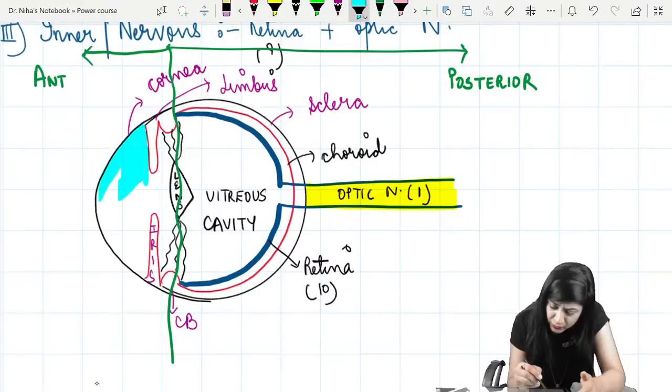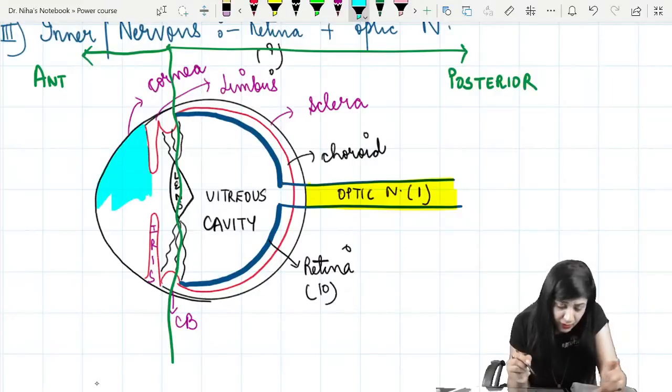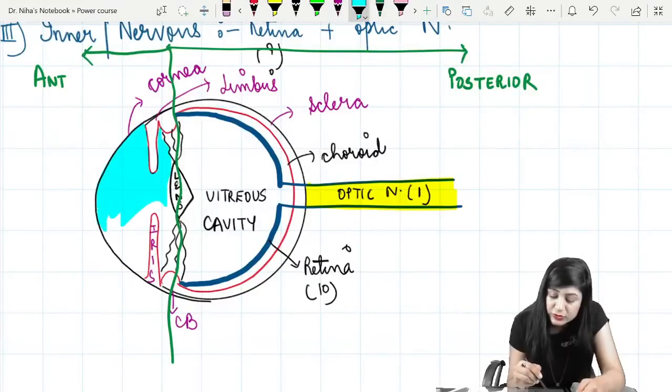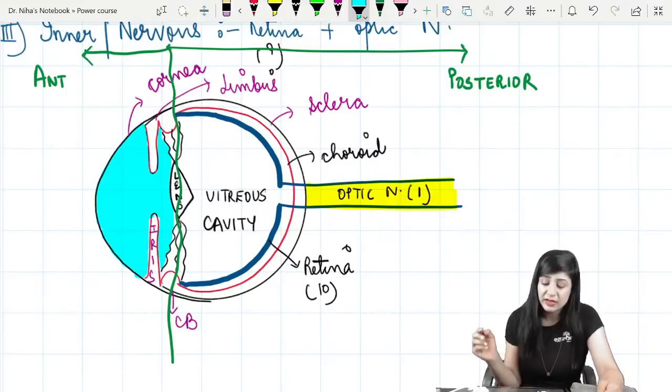Wherever I am using this color, this will be your aqueous humor. You can use highlighters to have the same color. Green, yellow and blue, 3 highlighters you should have at least, and 1 orange for the retina also.